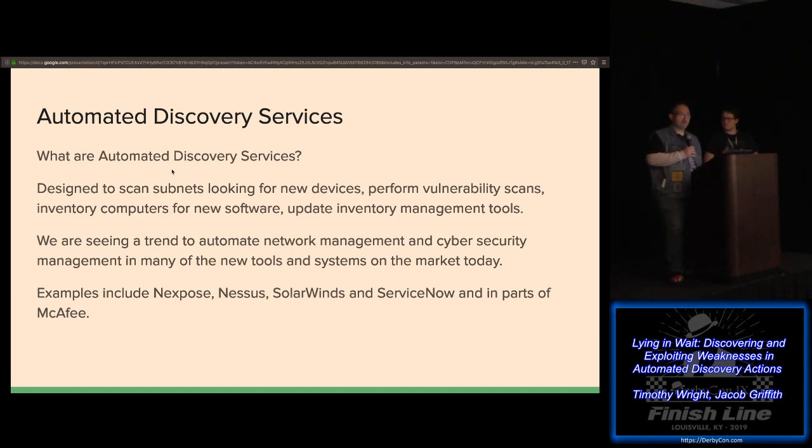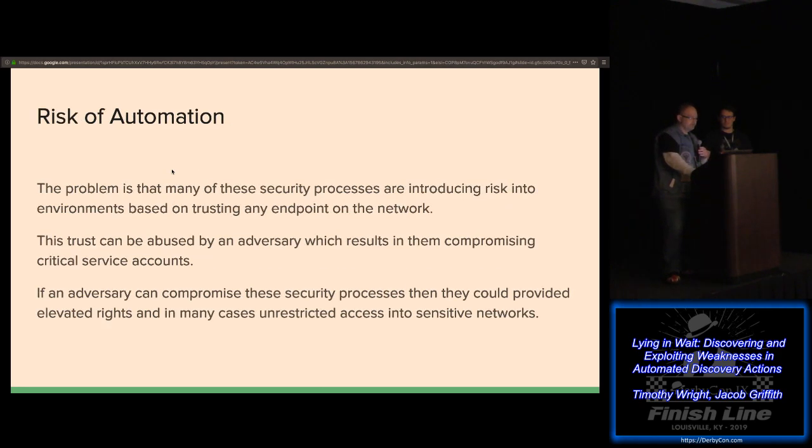Examples: Nessus, NexPose, SolarWinds, ServiceNow, and parts of McAfee all have these types of automated discovery functions. And we're also seeing more and more tools being built with this type of automation baked into it under the hood. And a lot of the artificial intelligence, things like that, are doing some of this under the hood for us.